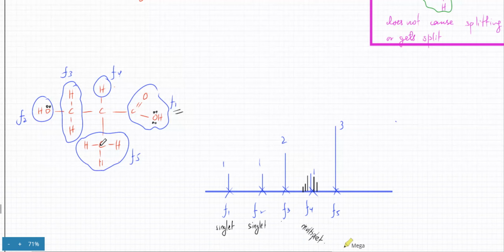They're much further away. Although they're drawn like this, these three hydrogens are much further away. In the immediate neighboring carbon atom, how many hydrogens? So this CH2 has in its immediate neighborhood just one hydrogen. So that means the splitting would be 2. F3 would be split into 2 peaks.